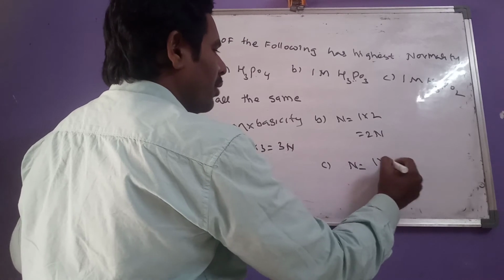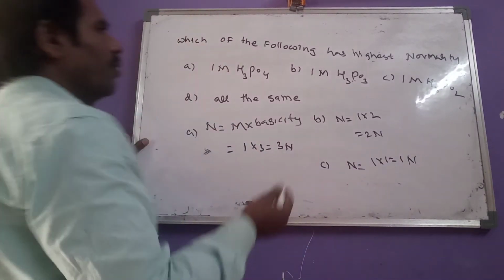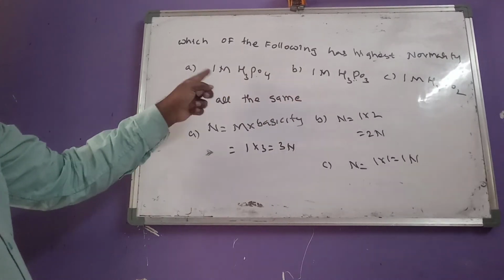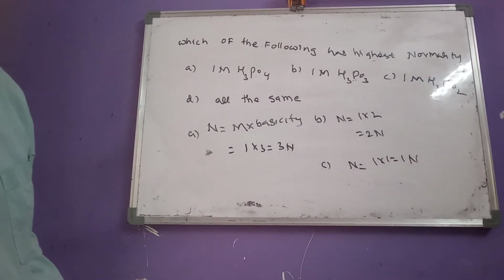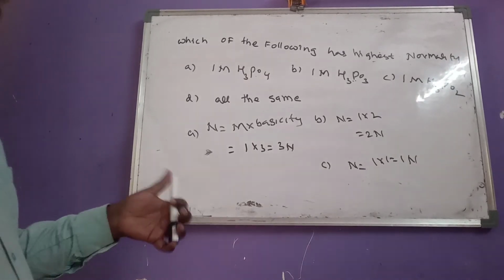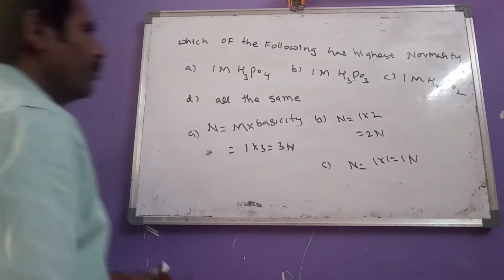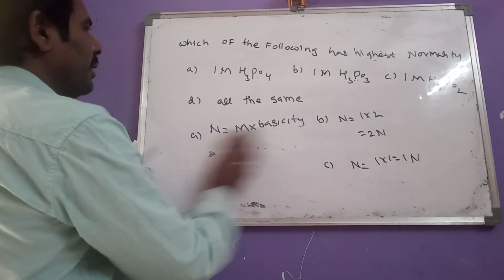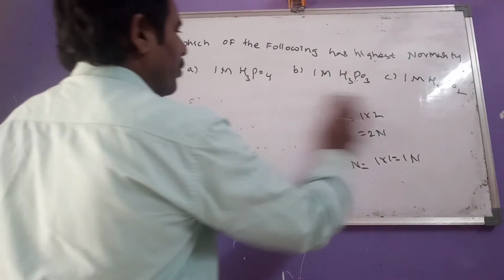So 1 into 1 means 1 N. So which has the highest normality among the three? 1 M H3PO4 has the highest normality. So like this we get questions related to normality and molarity.